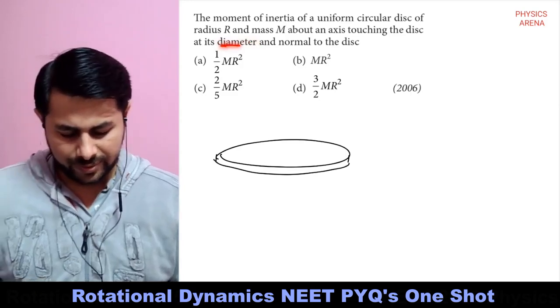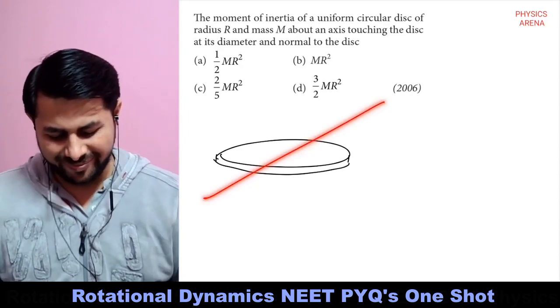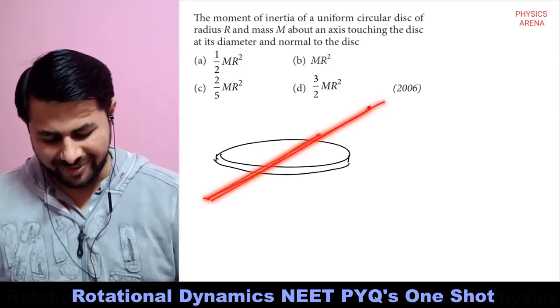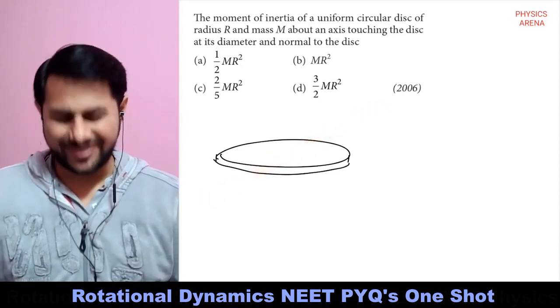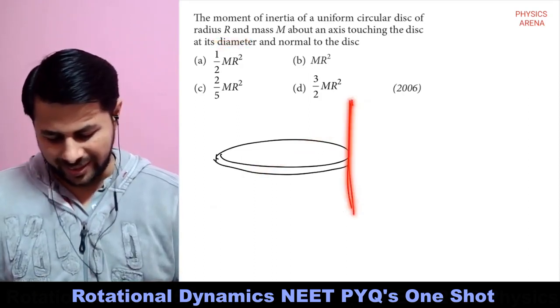You cannot have an axis which is touching the diameter and is also normal. So this should be the rim, I guess. Should be this axis.